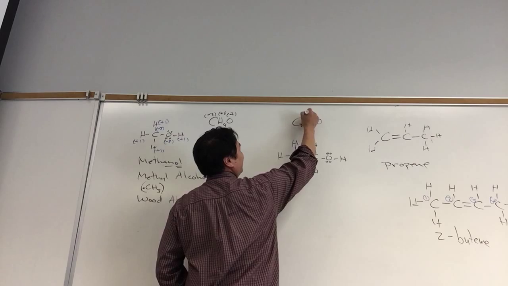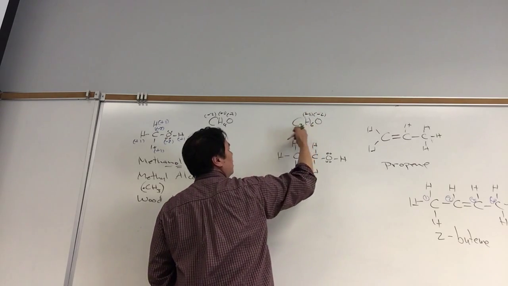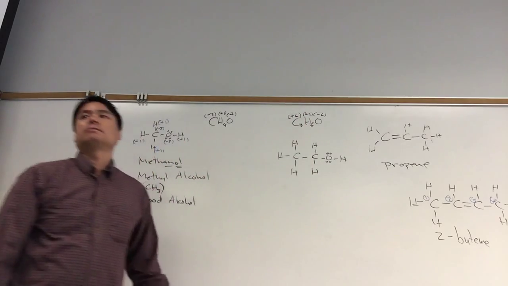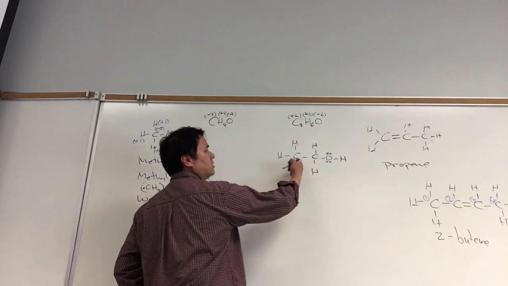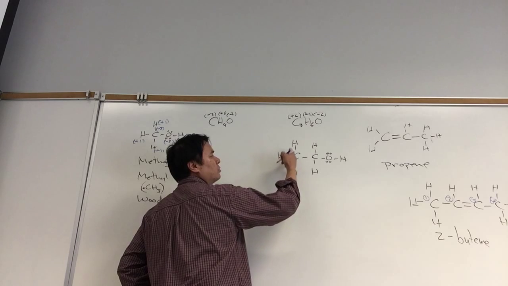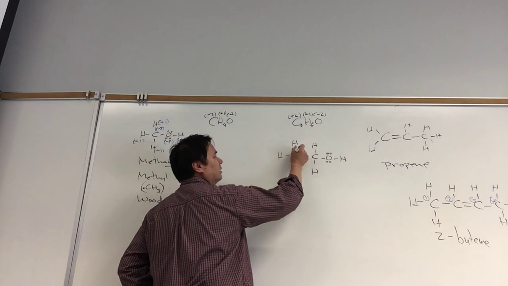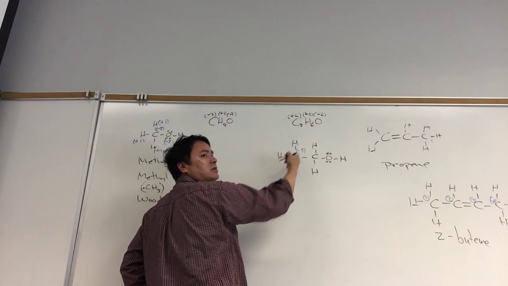Hydrogen's plus 1, oxygen's minus 2, so plus 6 minus 2 is plus 4. Plus 4 divided by 2 gives me plus 2 on each. And so it looks like each carbon has an oxidation state of plus 2. But when we look at the structure, what's the oxidation state on this carbon here? There's 2, 4, 6, 7. It's minus 3. And so this says the oxidation state's plus 2, but this says the oxidation state's minus 3.